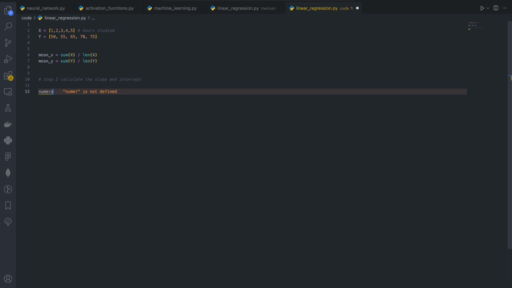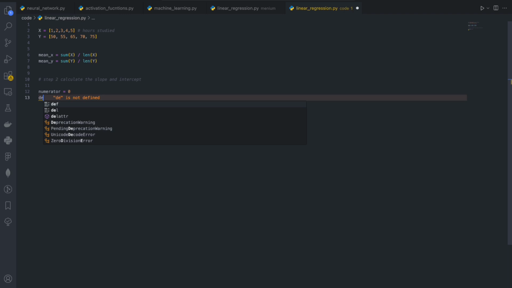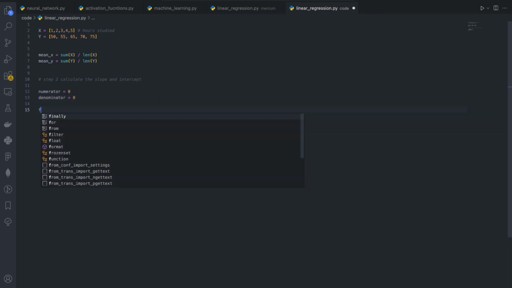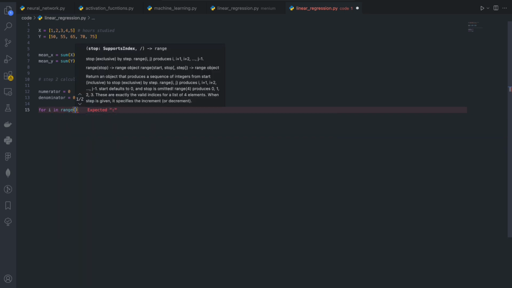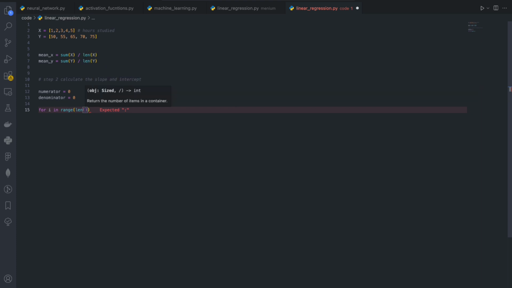Numerator will be 0, and then denominator, that will be 0. So now let's loop for i in range of the length of x.